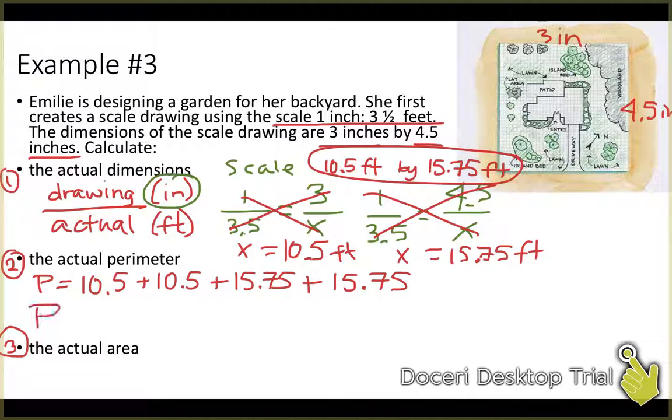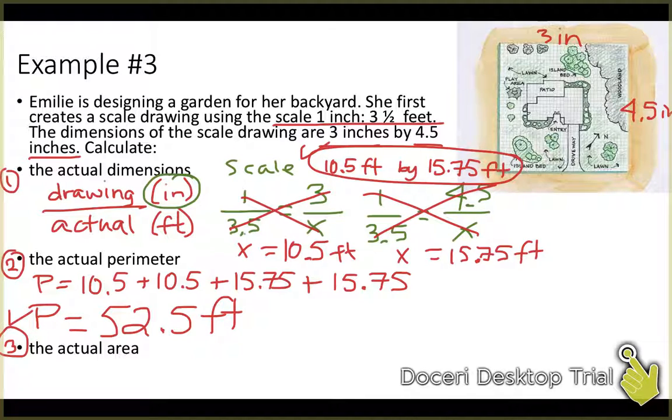And I get my perimeter is equal to, I'm going to put that in my calculator, 10.5 plus 10.5 plus 15.75 plus 15.75. That gives me 52.5, and I need my label of feet. Okay, so that's part 2.